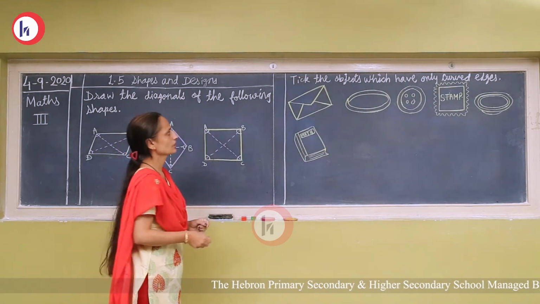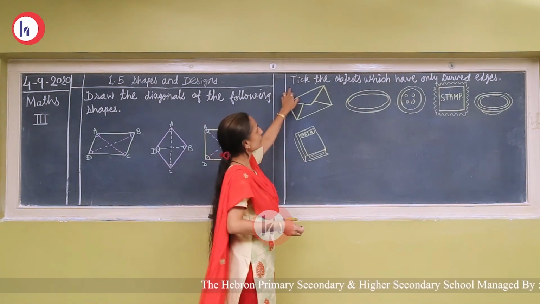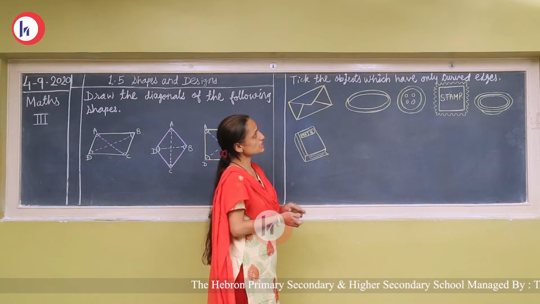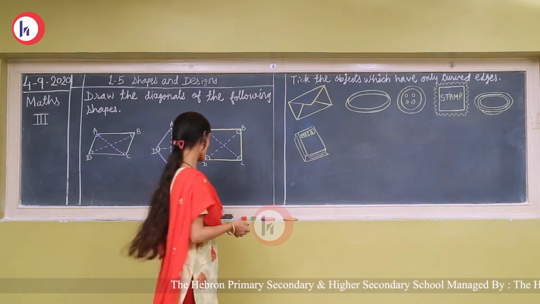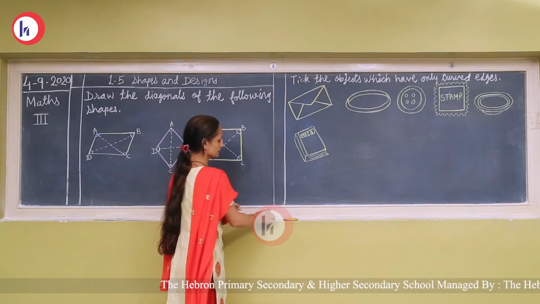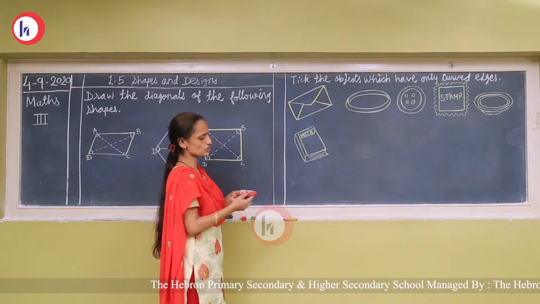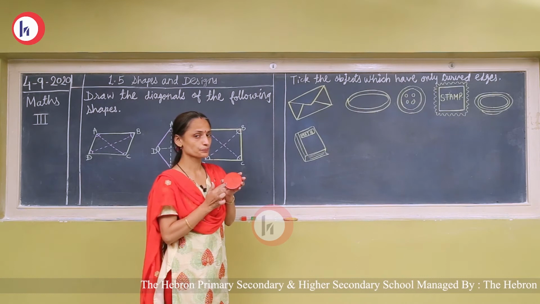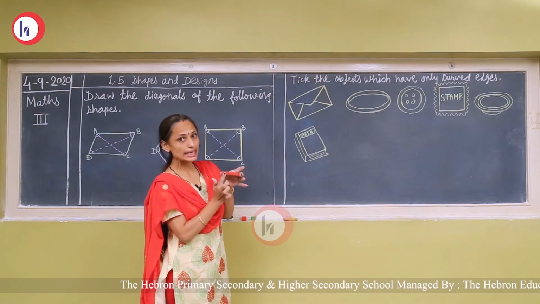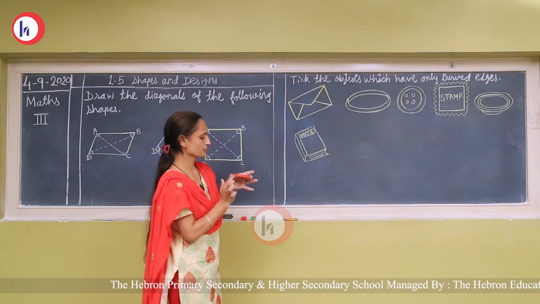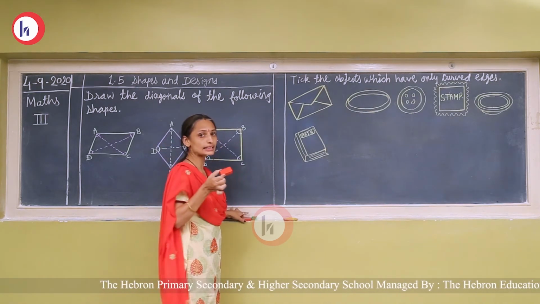Now next question is, take the object which has only curved edges. Now you all know what edges are. See, edges means, first suppose this is which shape? Circle. For circle, this is called an edge of this circle shape. And this is a rectangle shape.